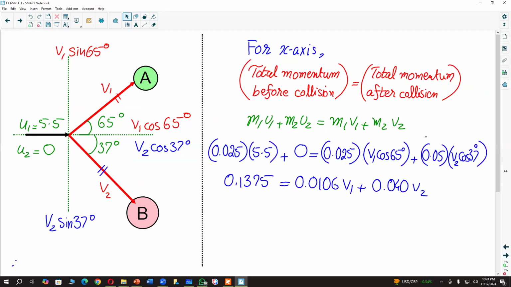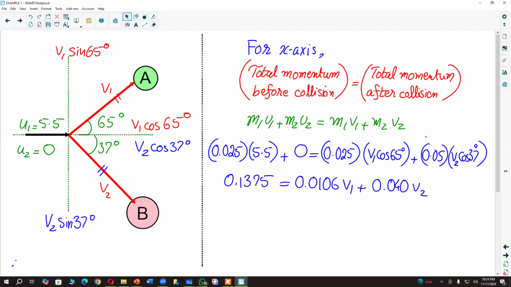Then the mass is 0.025 into... so do I need to use the vertical component or the horizontal? No, right now we are working for x-axis. You can compare the equation with me on the screen.